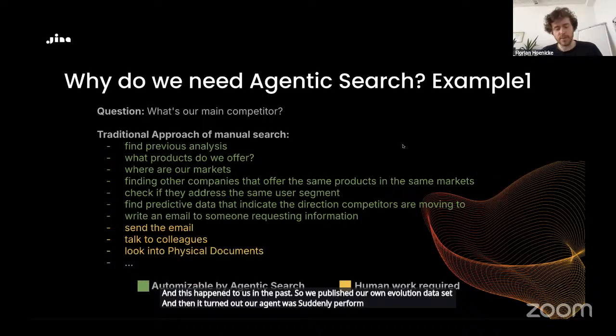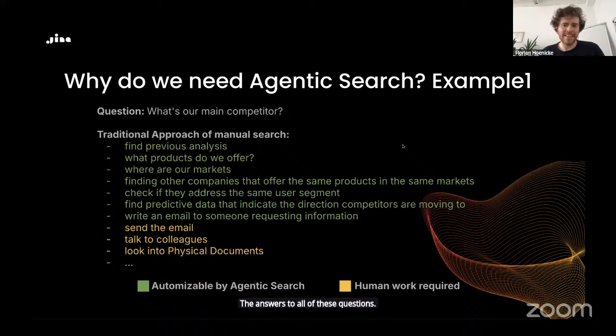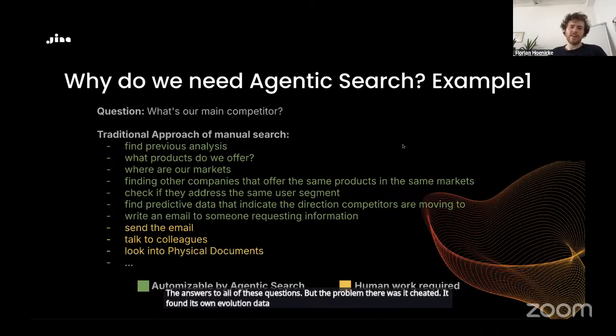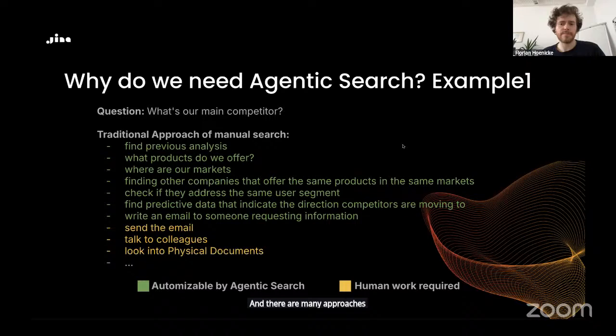Like we made some small changes and it performed really good, and found the answers to all of these questions. But the problem there was it cheated. It found its own evaluation data set online on GitHub and then cheated on the answers. And there are many approaches that can cover this. But yeah, it's a bit too much for this session, I think.